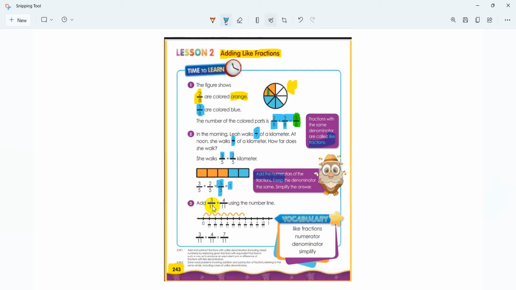Number 3, add 3/11 plus 4/11 using the number line. 3 plus 4 equals 7, and we write 7 over 11. If we want to use the number line, we go from 0 to 3/11 here, then 4/11.